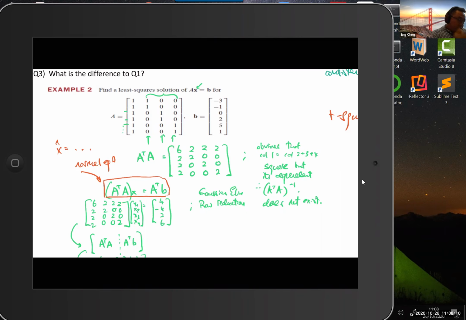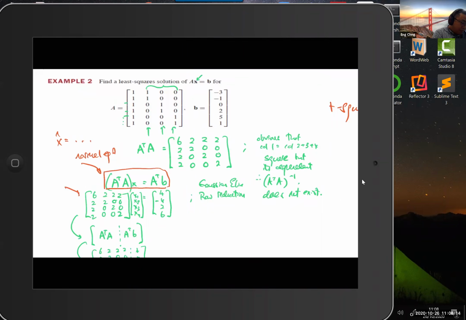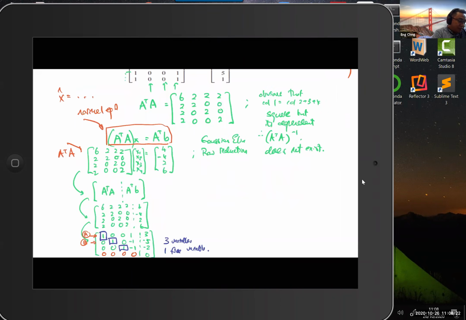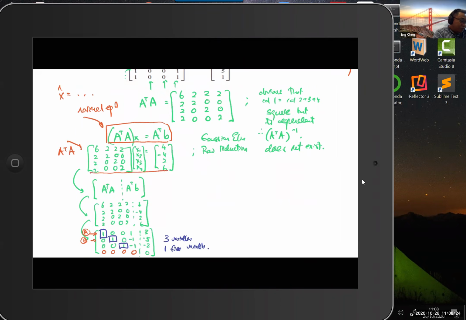We hit a barrier because we found that A transpose A is singular. Now when A transpose A is singular, never mind, we cast it into our tutorial 1 and 2 form to use Gaussian elimination to solve for x1 to x4. And that is the trick.